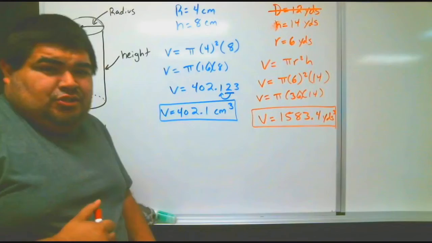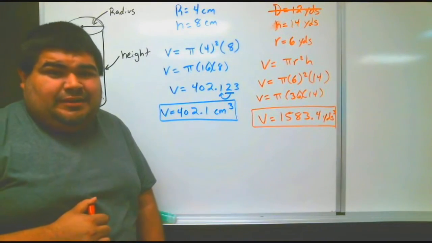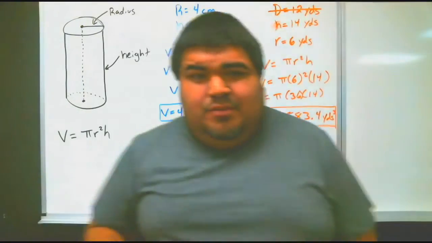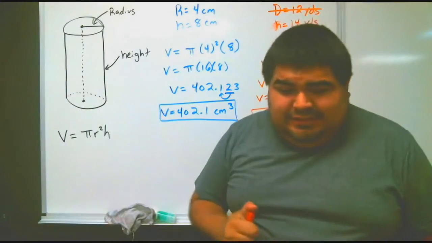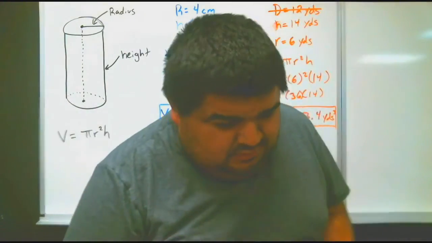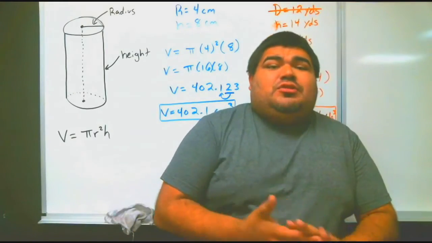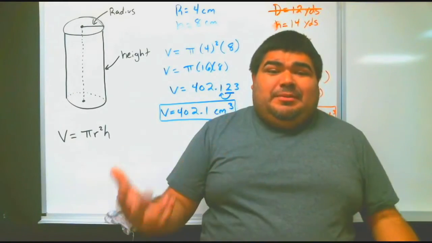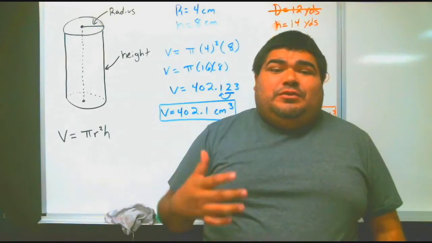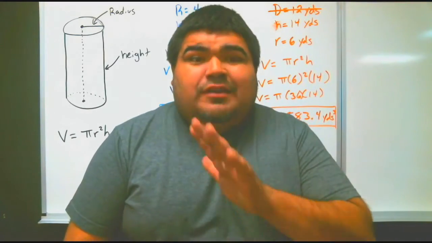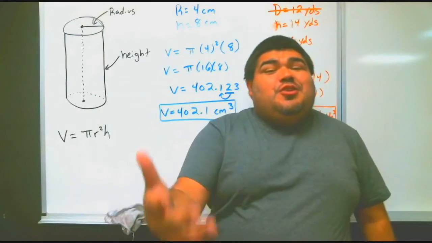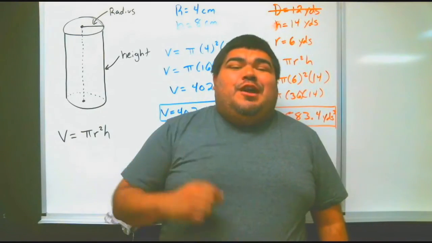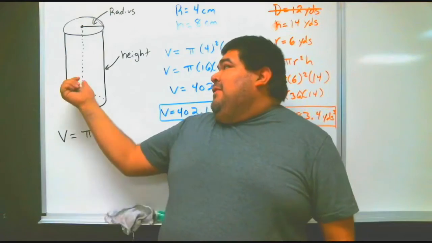All right, guys, make sure you write it down. Remember, we look for the radius, we use the height. I should have started with this, which was our objective. Our objective for today was to find the volume, or at least know how to use the equation to find the volume of the cylinder.